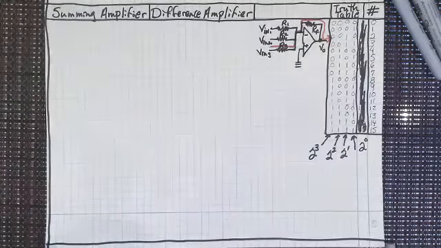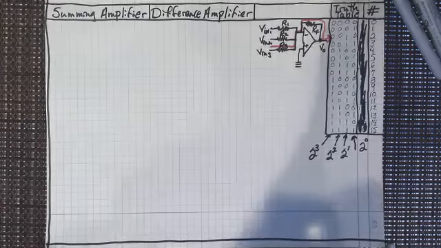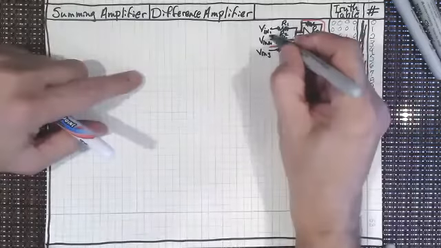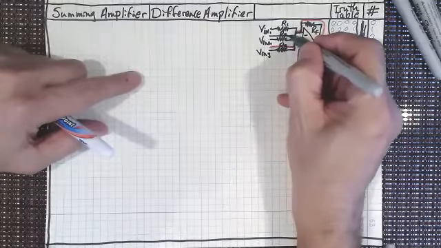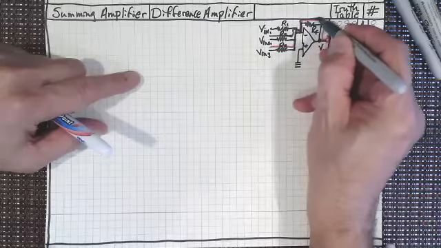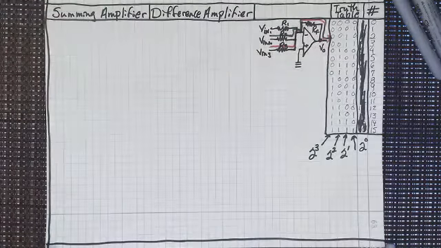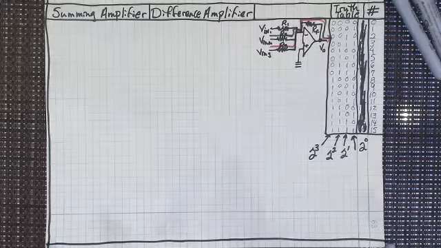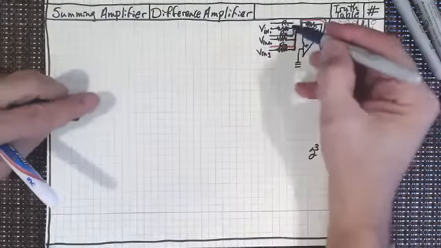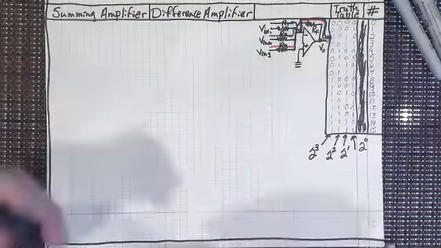The same thing is true when we look at the current flowing out of this one. It's going to flow up here, meet with that, then combine with that current and flow out, isn't it? And if we look at the third one, it's the same thing, and that also flows out.